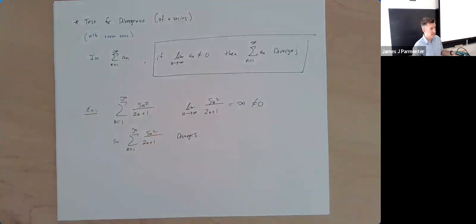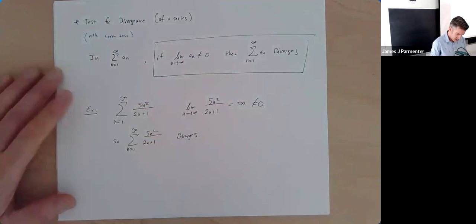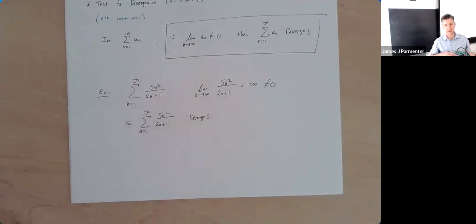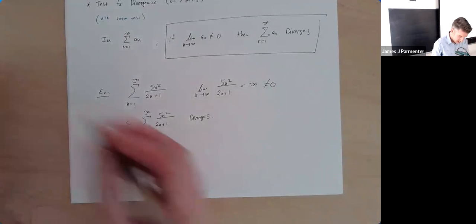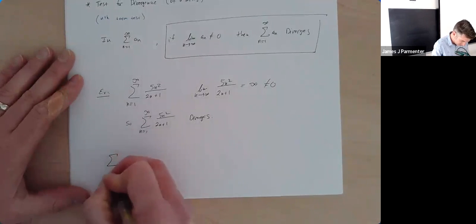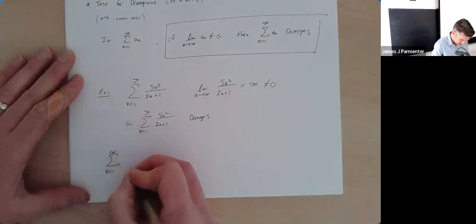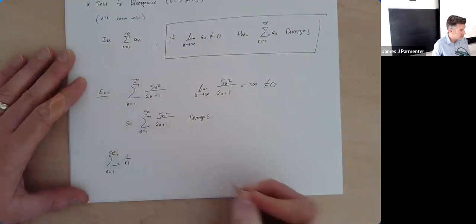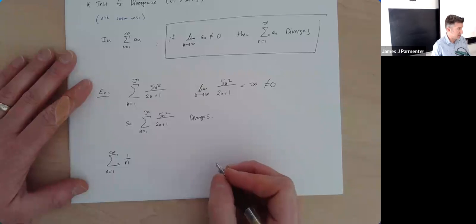Okay, last thing I want to say, because I don't want you to walk away with a misconception here. Here are two series that are very probably the series we use often to talk about convergence and divergence. This series, the sum from n equals 1 to infinity of 1 over n, is a divergent series.